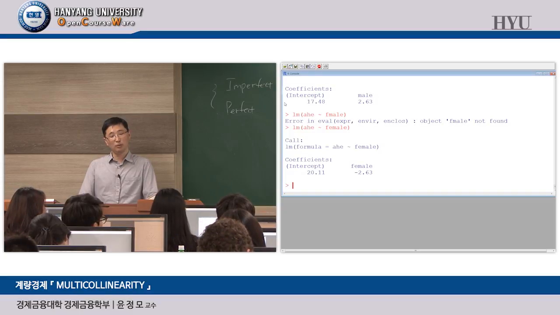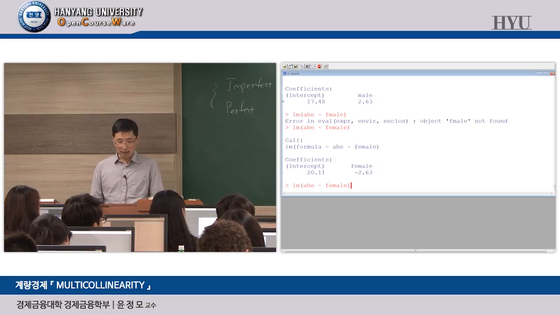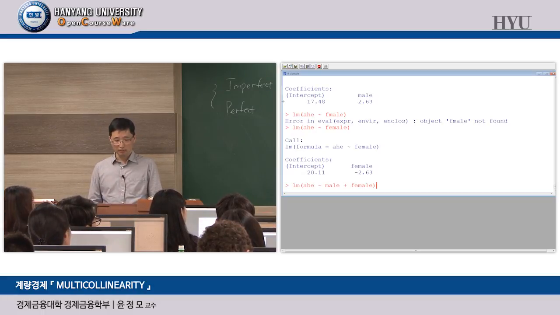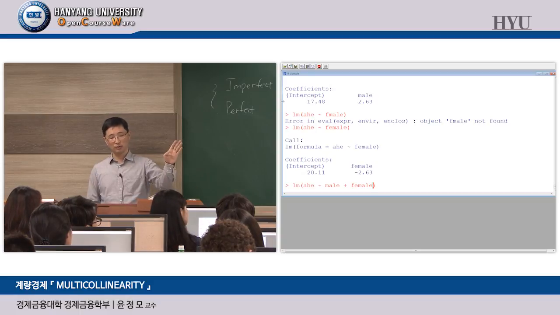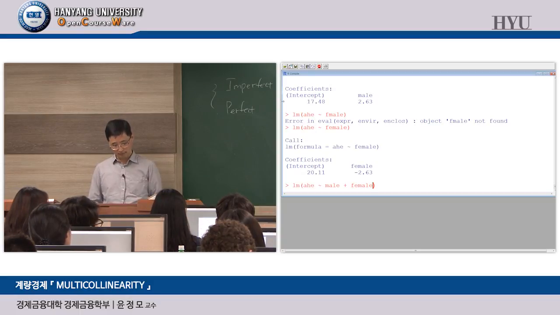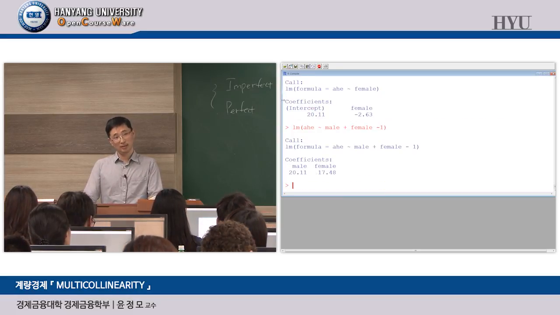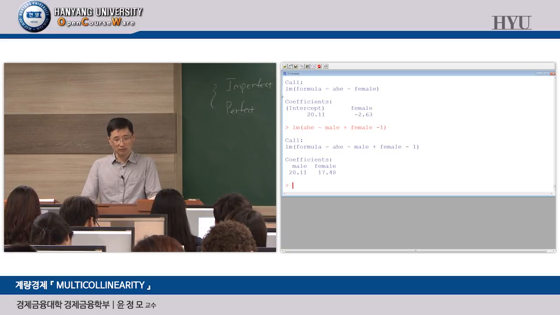And of course, what is important is the interpretation of the coefficient. Another thing that is allowed is this. Because we are not allowed to have constant, male and female, one thing we can drop is the constant. So this is okay. Okay? So -1 means do not use the constant.